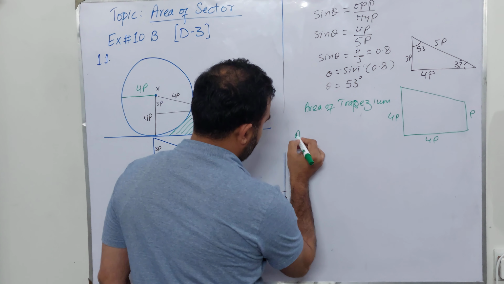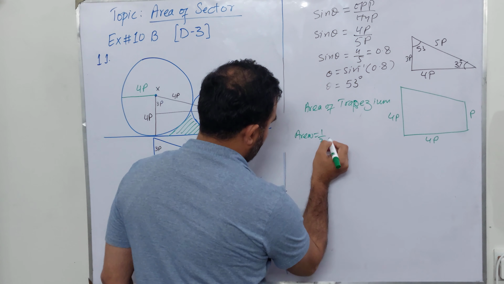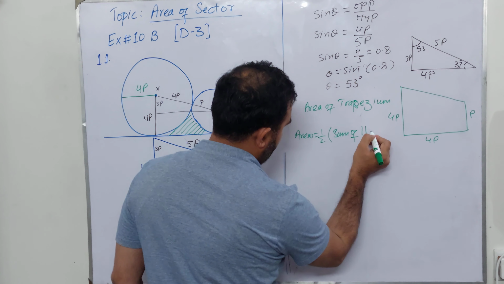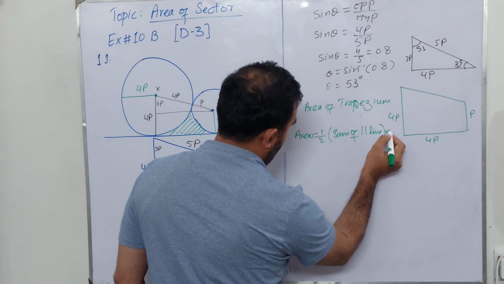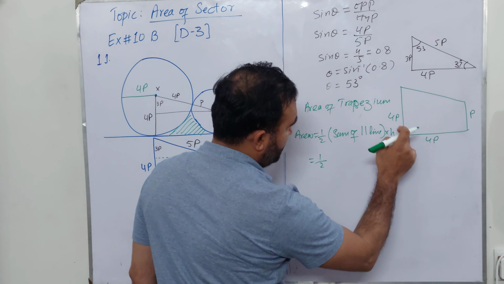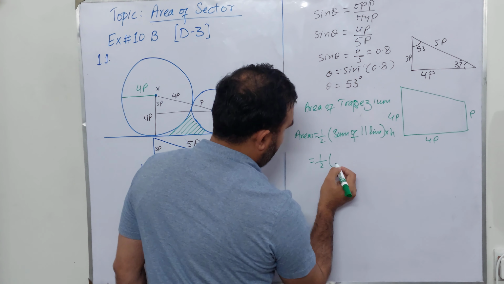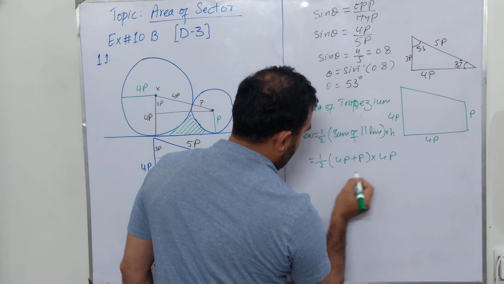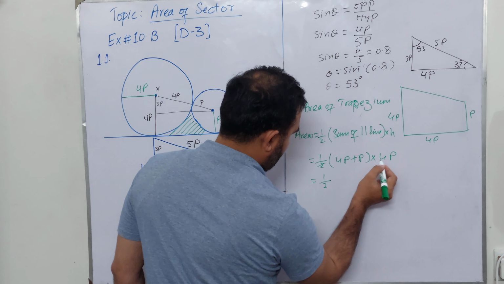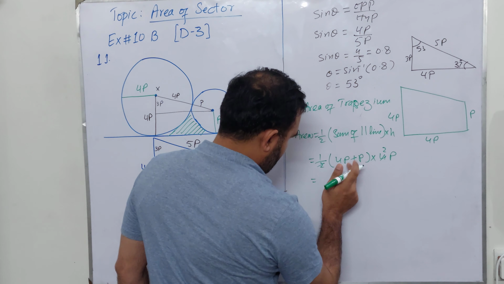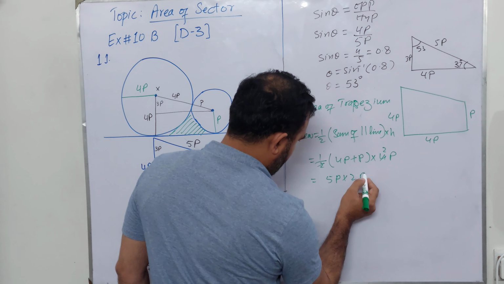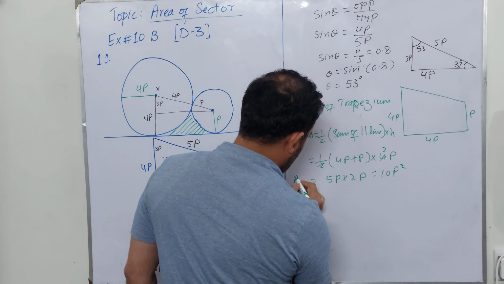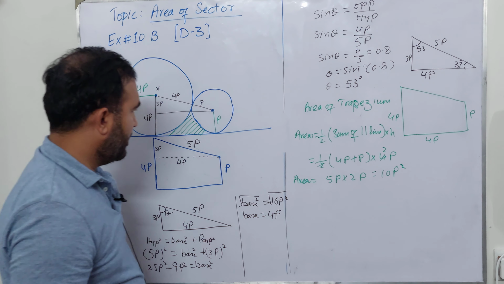Its formula is area of trapezium is 1 by 2 times the sum of parallel lines multiplied by height. So 1 by 2, and these two lines are parallel, right? So it will be 4p plus p, and this is the height, which is again 4p. So it will be 1 by 2, and you can cancel this 2 with this, so it will be 2p. So 5p multiplied by 2p is 10p square. So this trapezium area is 10p square, right?